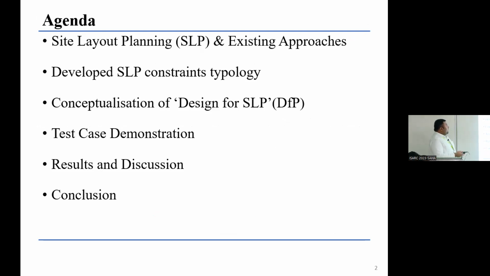Along with it, what we have developed is a constraint typology to understand what are the constraints we need to handle in this research. Then there was a conceptualization of design for site layout planning. It's in similar terms to what design for safety is. Then following that, we will demonstrate this conceptualization of design for site layout planning with a test case, and then follow up with results and discussion and the conclusion of this research.